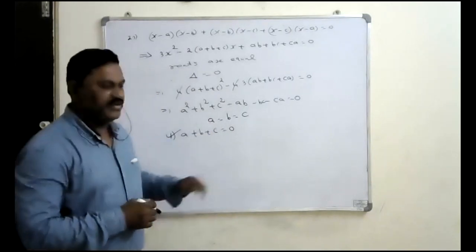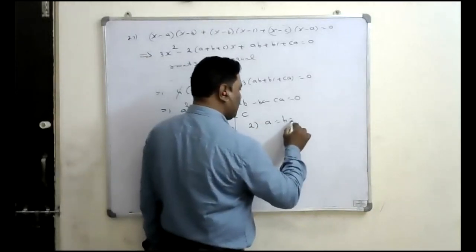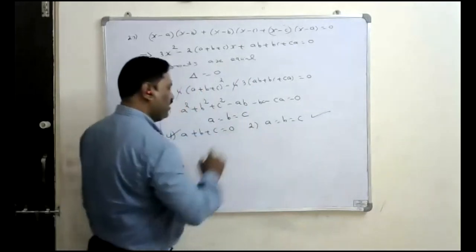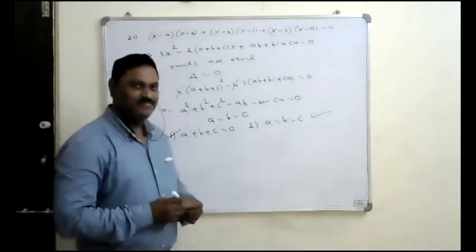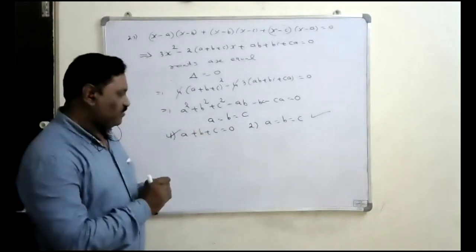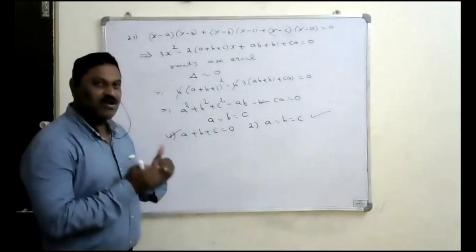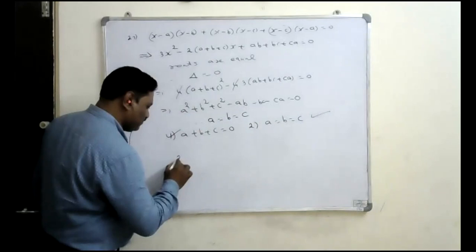That's why it is not correct. Second option, A is equal to B is equal to C. This is correct, that is what we got, right? That's why that is not the answer, that is the wrong option. Which is not correct from the following? Means we are identifying the wrong option. Sorry, wrong answer. That is the correct option.